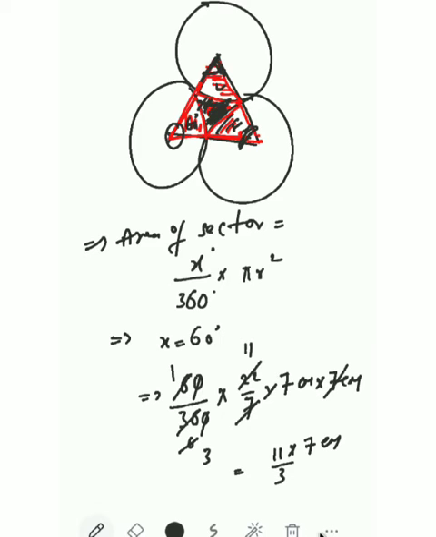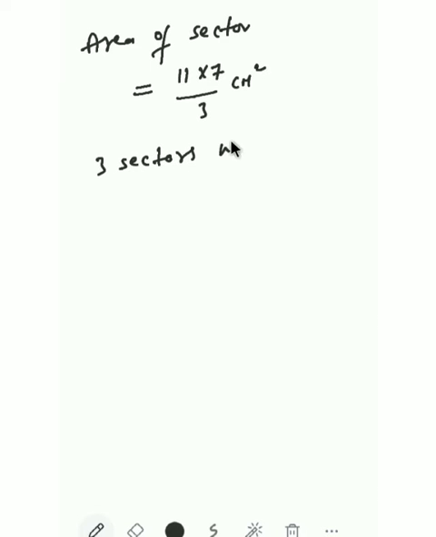So area of sector is equal to 11 into 7 by 3 centimeter square. We have 3 sectors, so 3 into 11 into 7 by 3 centimeter square.